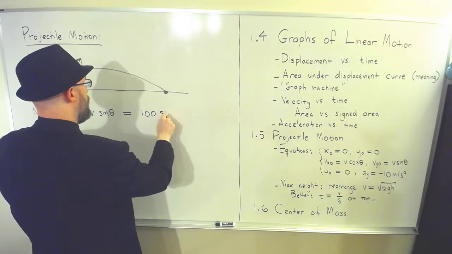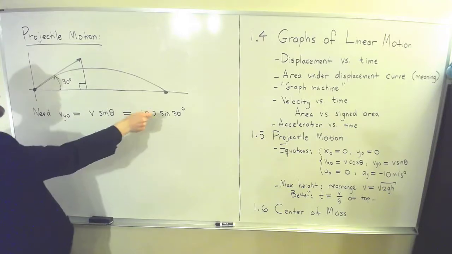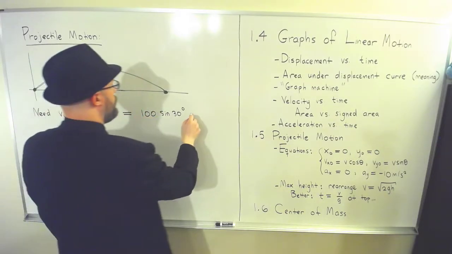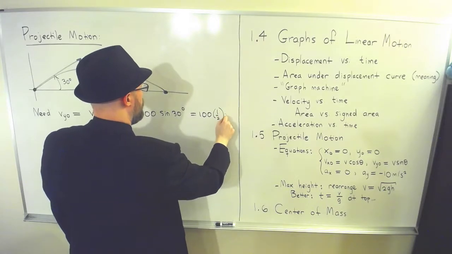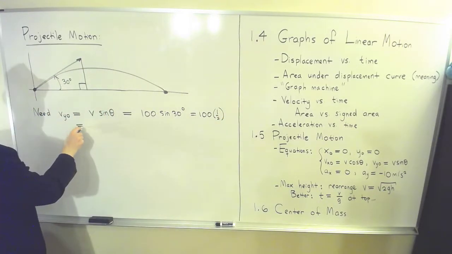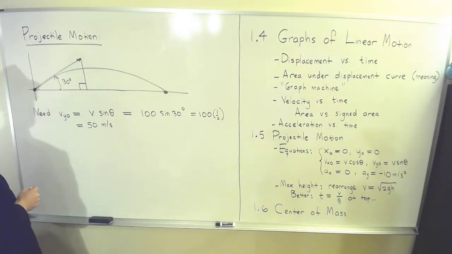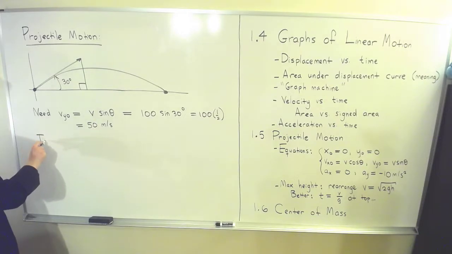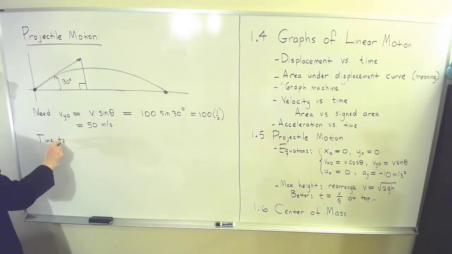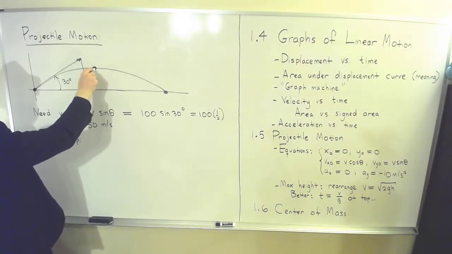And then this is sine 30 degrees. The sine of 30 is 1/2. So this is 100 times 1/2, so this is 50 meters per second. So the time to the top, so that's where it reaches up here.